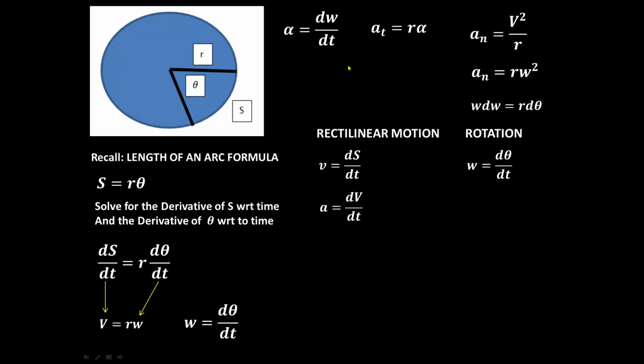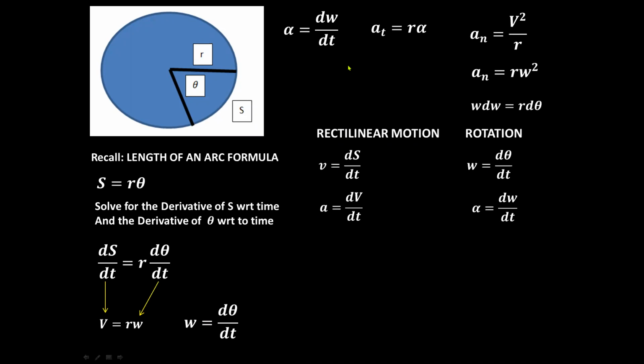Now, if in rectilinear motion, ang formula ng acceleration natin is dv over dt, or the derivative of velocity with respect to time, same thing sa rotational motion. Alpha is equals to dw over dt. Can you follow?